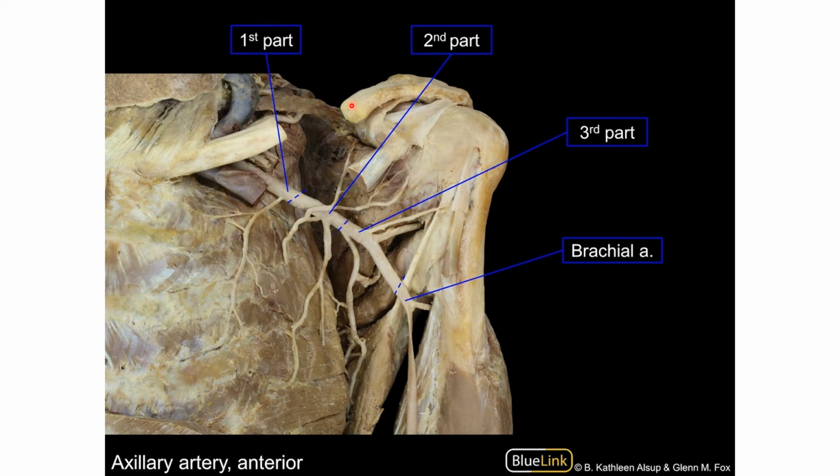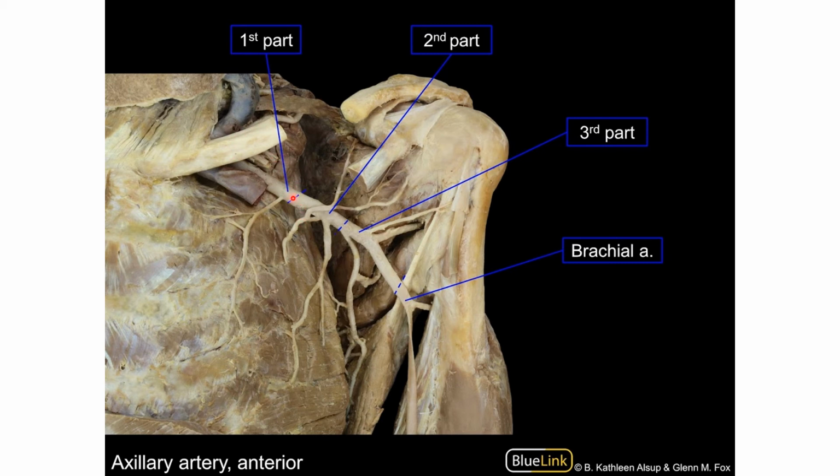They actually cut the clavicle here so we could see in the axillary region. So this is the first part. You can see the demarcation here and here. Here's the second part, and then the third part of the axillary artery. Axillary artery will then change names to brachial artery, and we'll talk about that in the next unit. Or not next unit, sorry, next section.